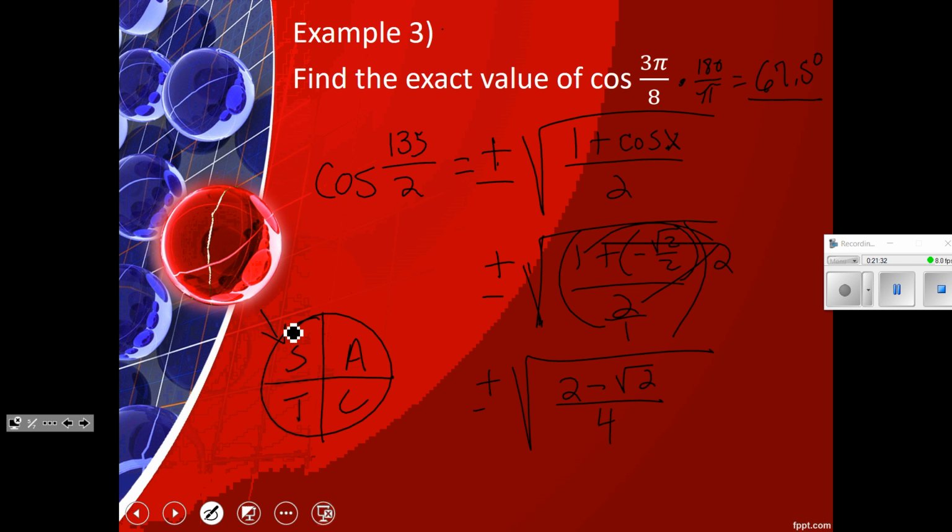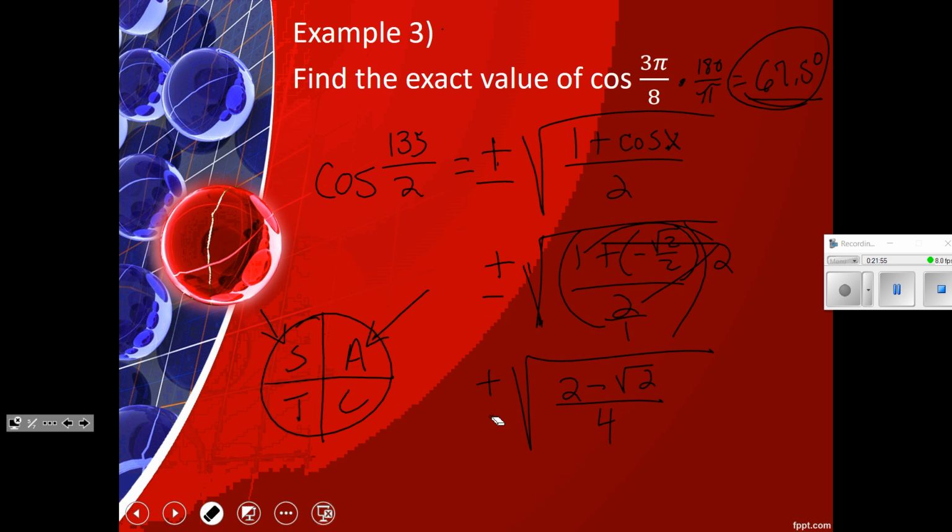Even though I use it in the formula, you with me so far? That's not what you're looking for. You're looking for half of that angle. Half of that angle is 67.5, and that is in quadrant 1, meaning we should take the positive.